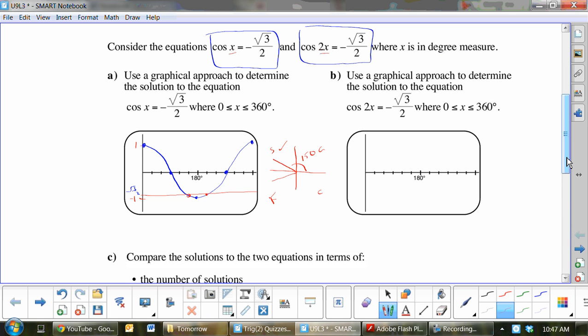Because that's 30, or pi over 6. And this one would be 180 plus 30, which is 210 degrees. So you could see that we got x to equal 150 and 210 degrees here.